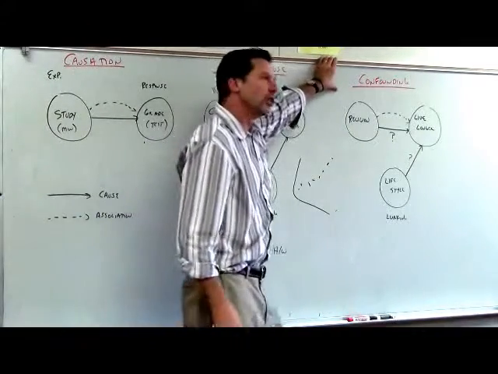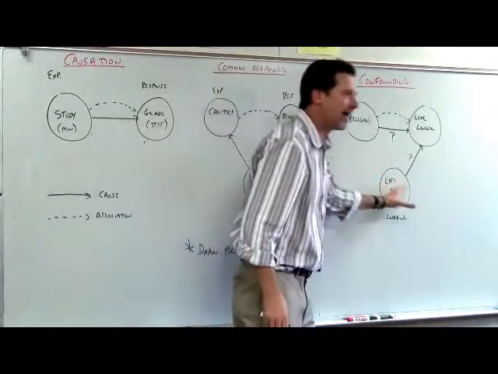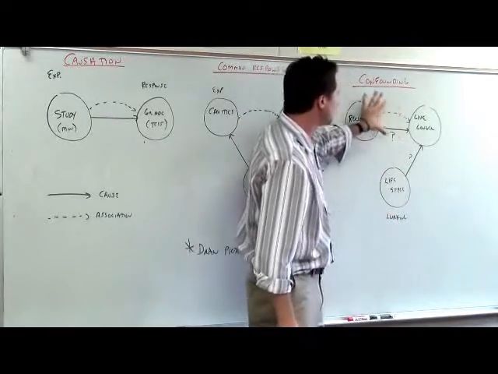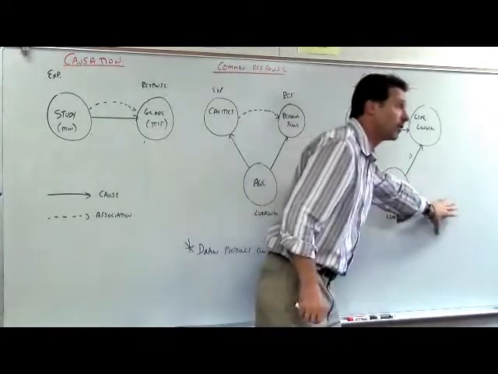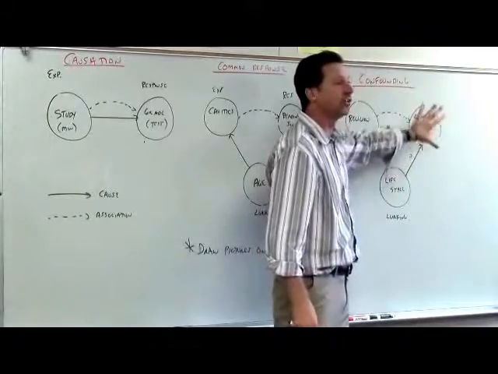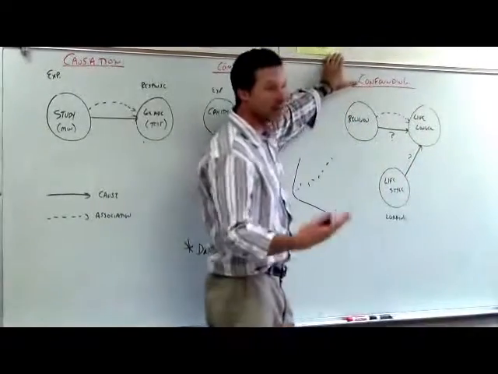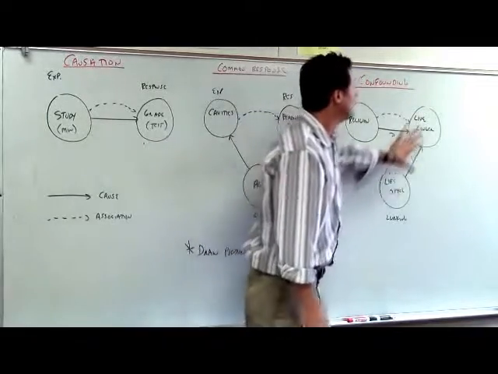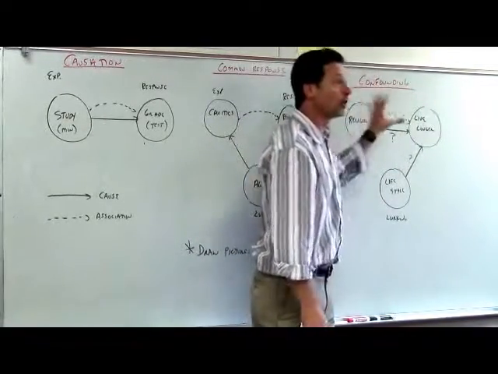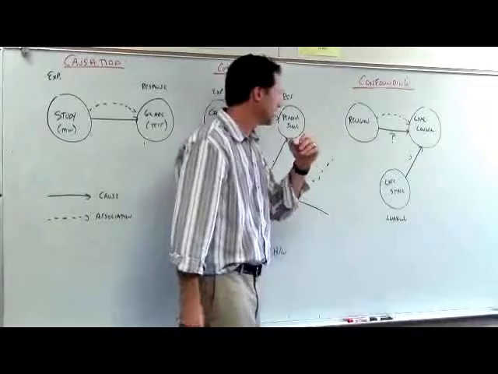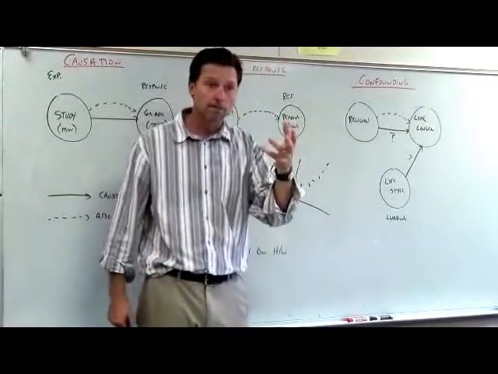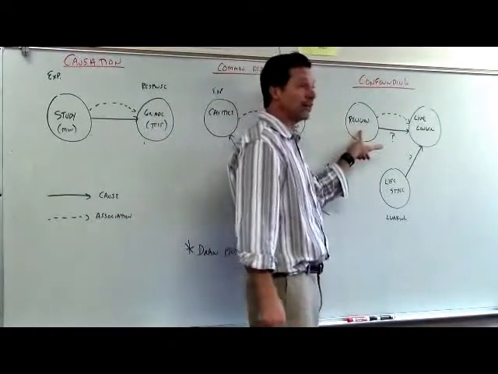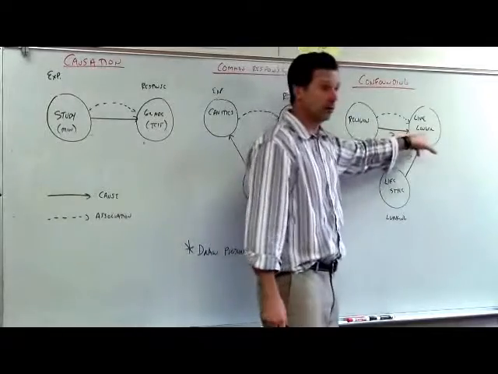A situation where I can't tell if the lurking variable or the explanatory variable, or maybe other lurking variables, are the cause of the response variable, we call that a confounding situation. The lurking variable could be the cause or it could be the explanatory. The example given in the book is that studies have been done showing people that are more religious live longer.